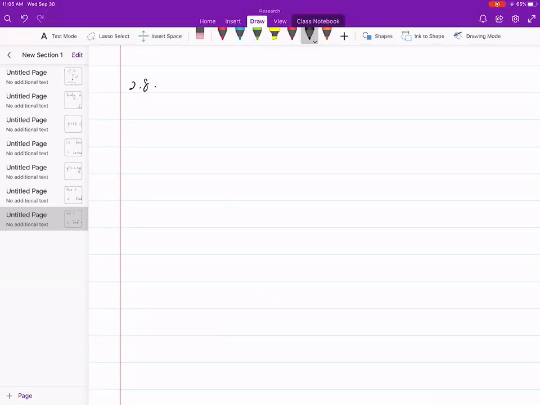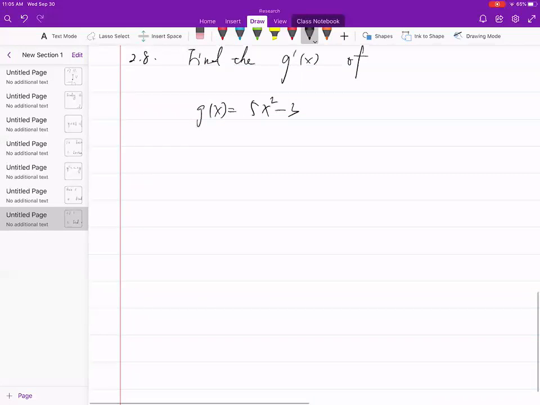Okay. So basically we're finding the derivative of g of x. So this is another classic derivative problem. Go by definition.